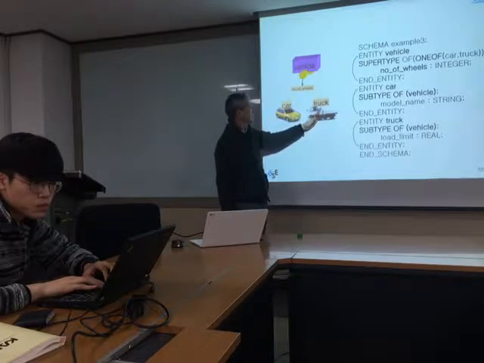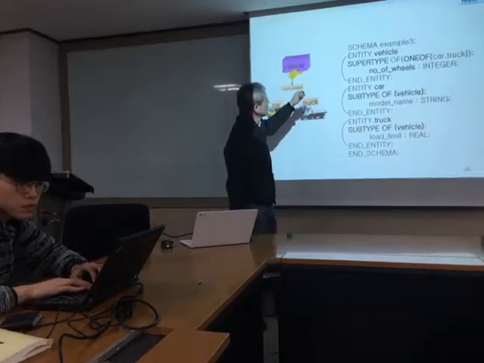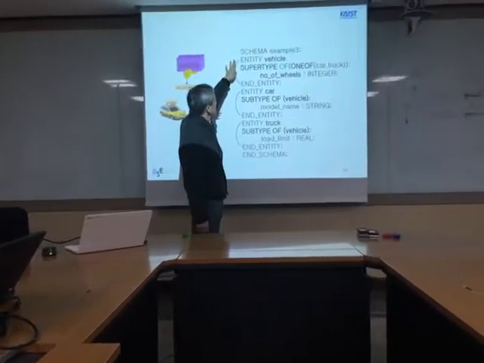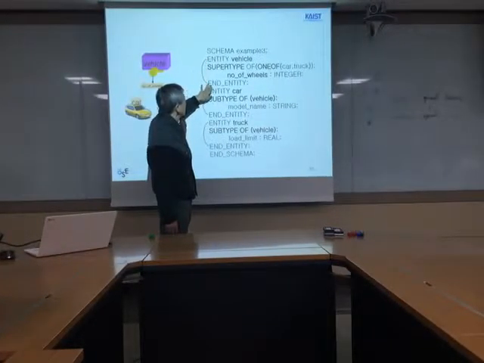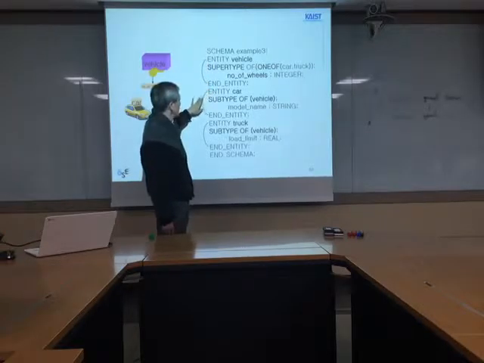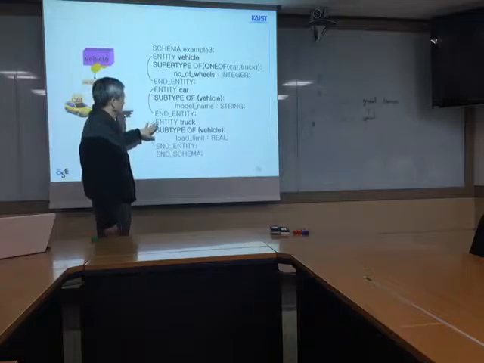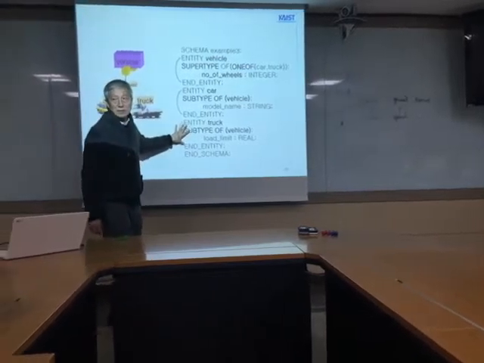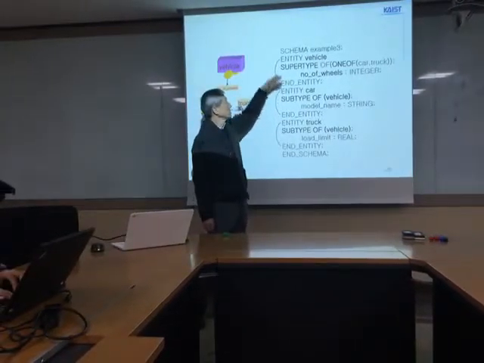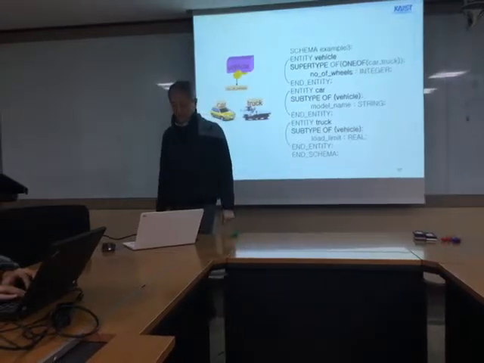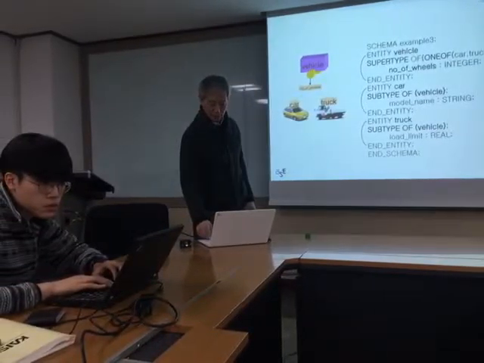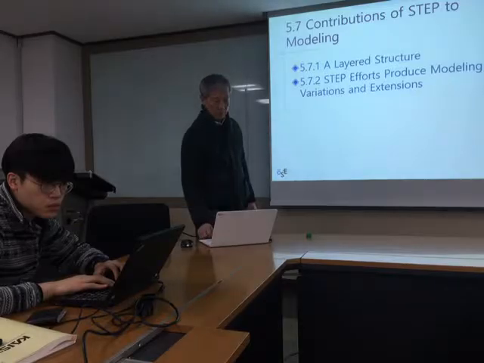And the schema, an example of the vehicle entity or class, and car, passenger car entity class, and also truck entity class. This is all together a schema example. That way we are using the EXPRESS language.